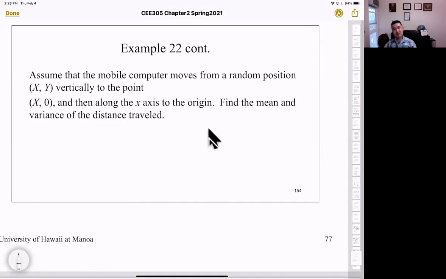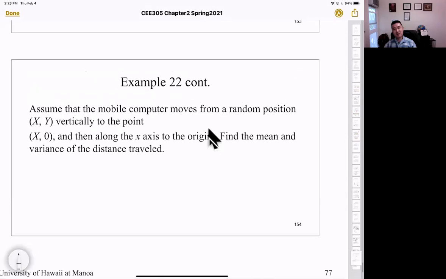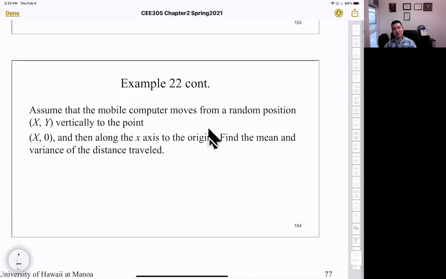Okay, still the previous example, the mobile computer moves from a random position x, y vertically to the point of x0. So that's drawn here.